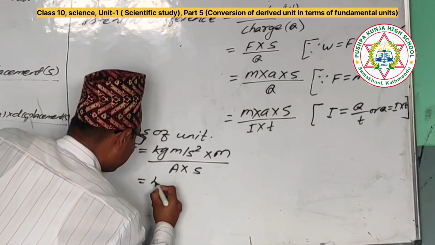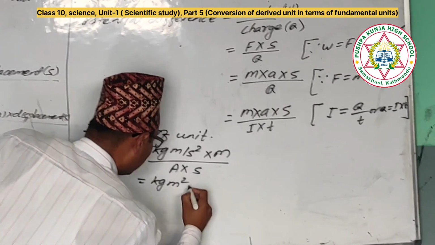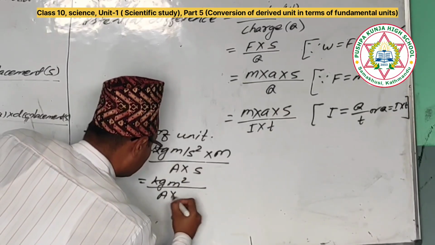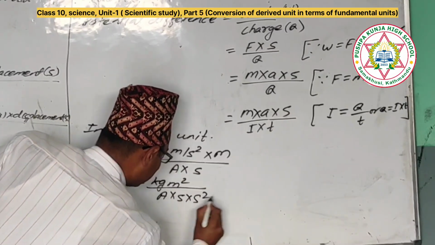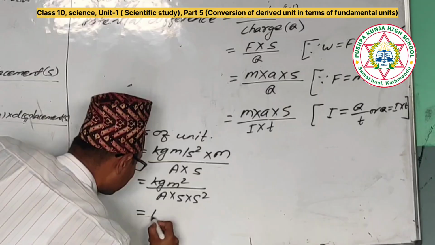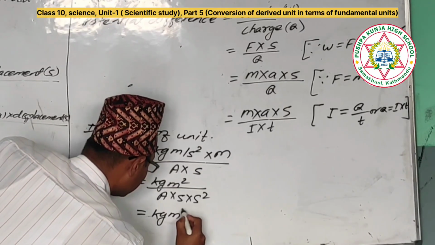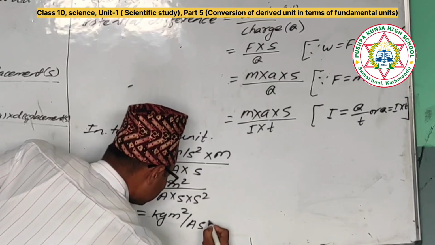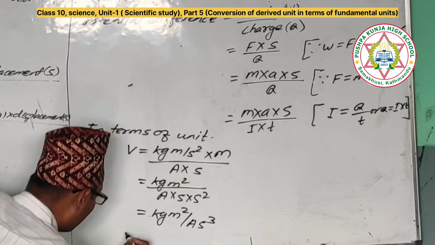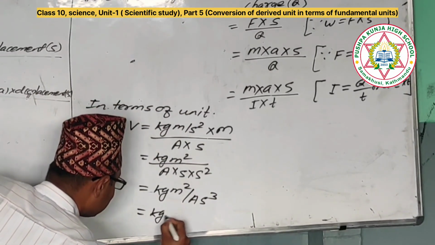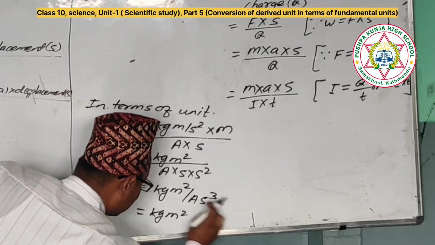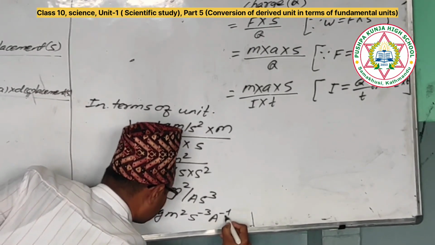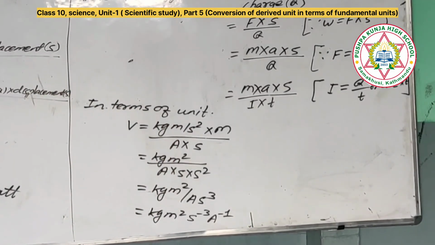So it is equal to kg meter square, meter square per second square, and below comes ampere into second square. So it is equal to kg meter square per ampere second cube, or kg meter square second power -3 ampere power -1. This is long.